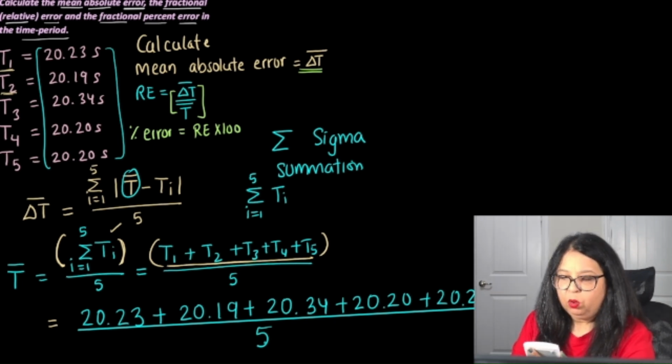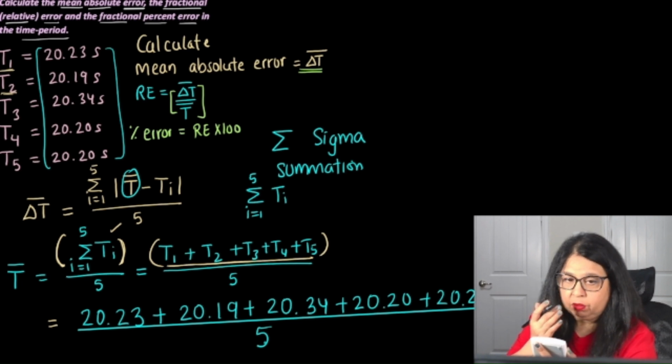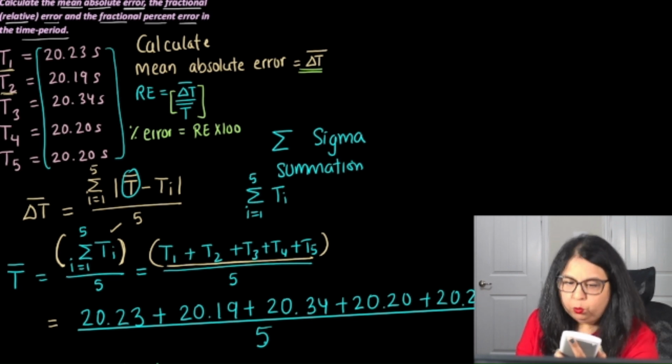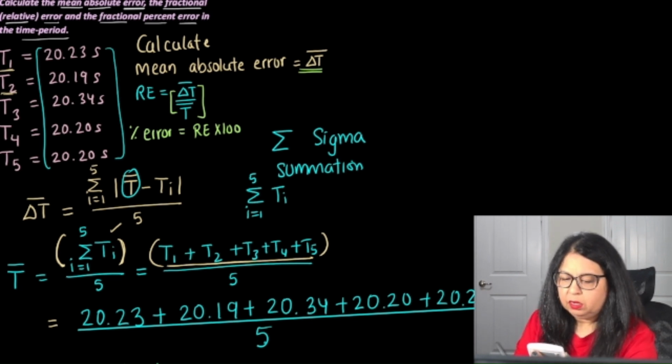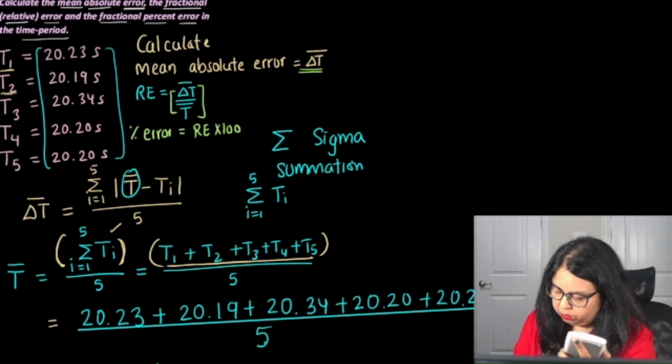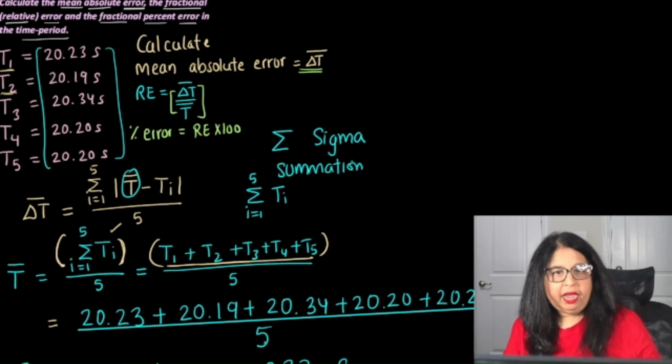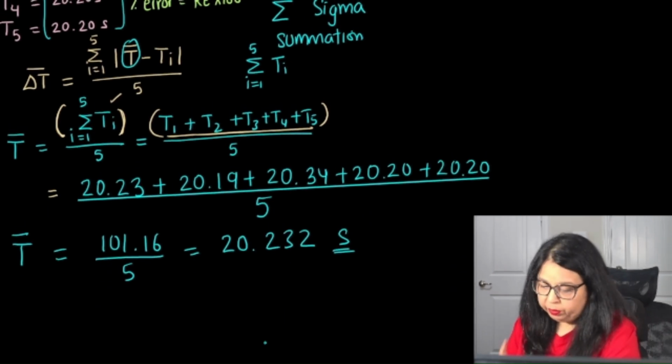This gives me 101.16. All right. 101.16 divided by 5. What do I get? 20.232 seconds. So here's our average value of the time period.